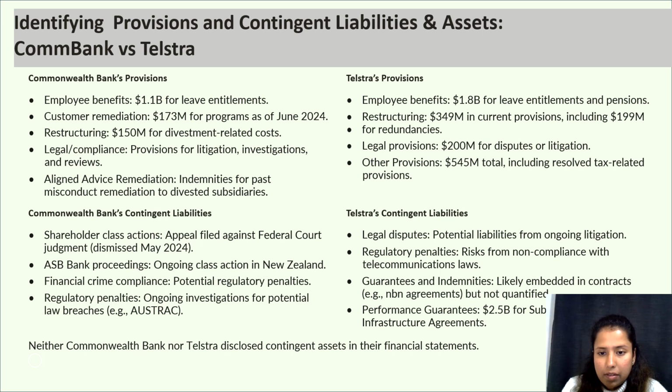Legal provisions are 200 million for disputes and litigation. The other provisions made by Telstra total $545 million, which includes resolved tax provisions from previous years.